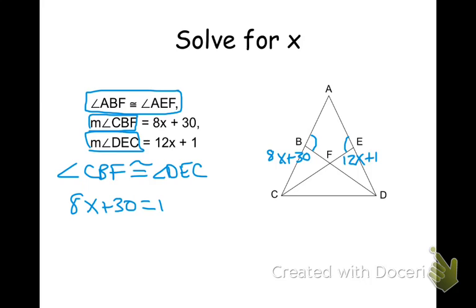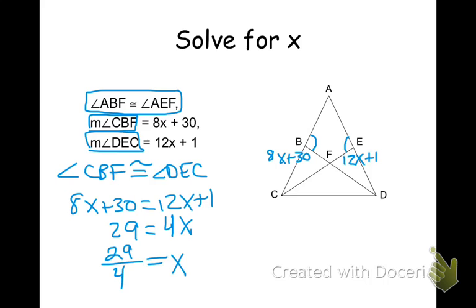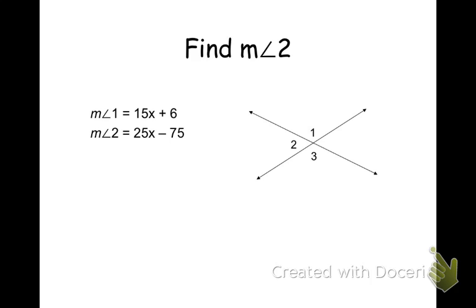Since they're congruent, their measurements are equal, which means 8x plus 30 is equal to 12x plus 1. Subtracting 1 and 8x from both sides, we get x to equal 29/4, and we solve for x.